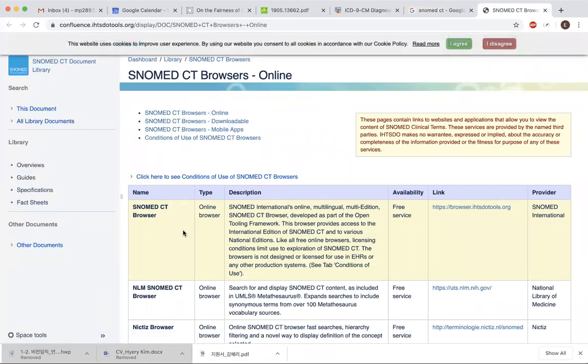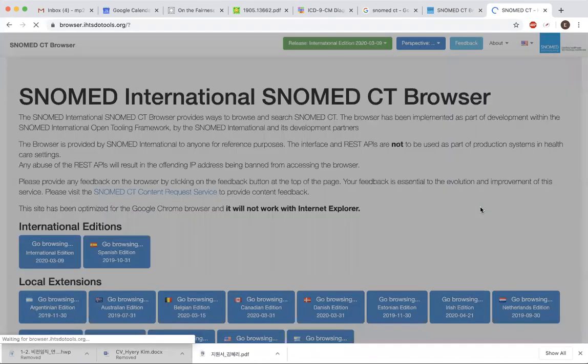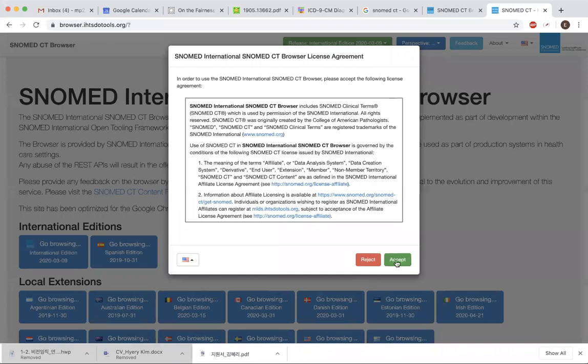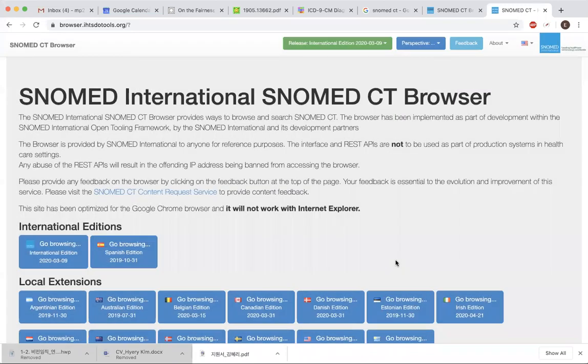Unfortunately, there is a trade-off. SNOMED is very comprehensive. It's like a humongous ontology. And when I say ontology, it's because there are more than just one relationship. So previously in ICD-9 code, there was only one relationship between different nodes, which is the parent-child relationship.